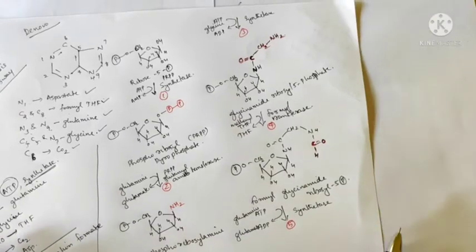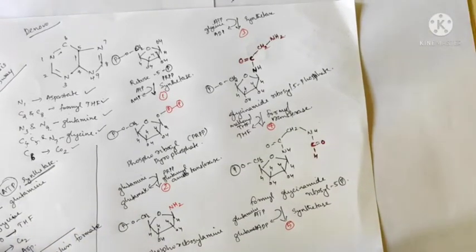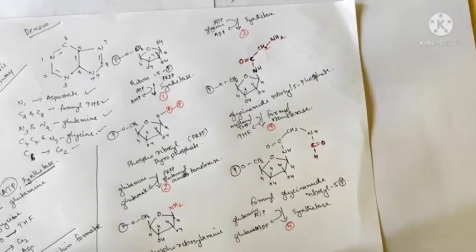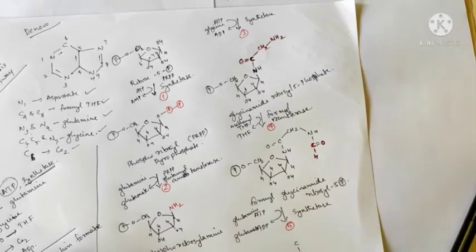So I am not writing ribose 5-phosphate again. See, ribose 5-phosphate. In that NH, see that double bond here, oxygen is eliminated and one NH group is attached here.